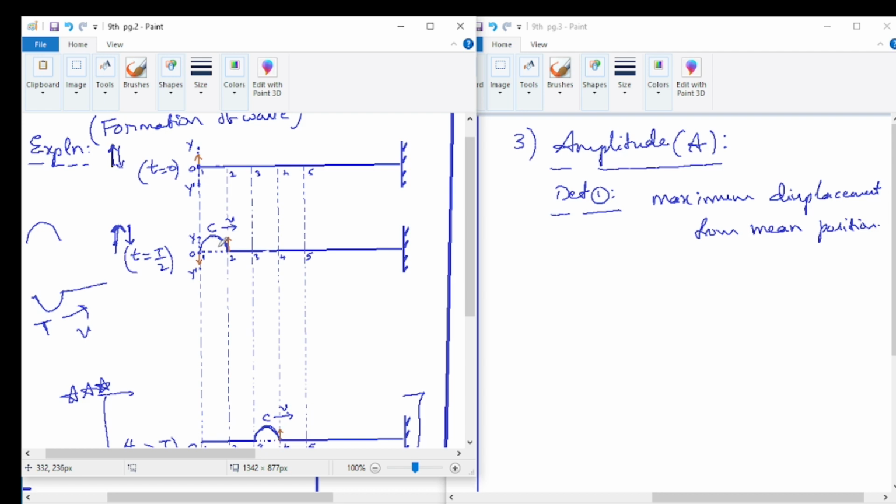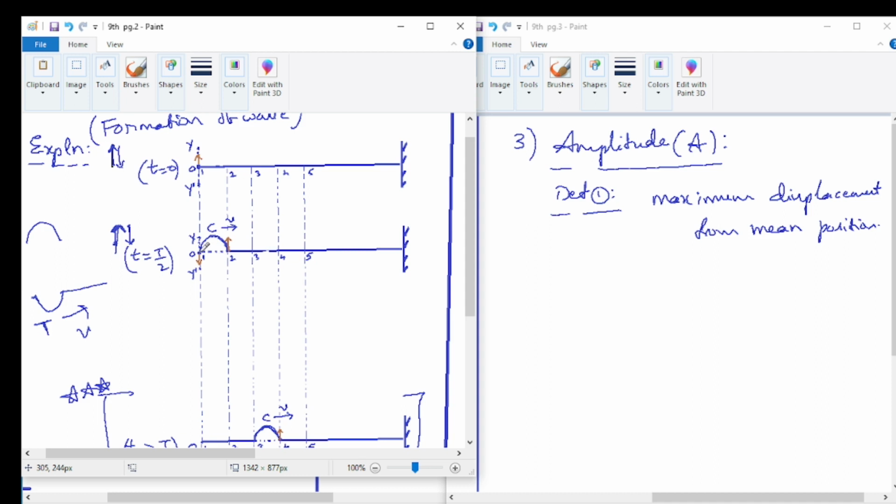Even for the vibrating particles during wave motion in a medium, here what is the medium through which the wave is passing? The string or the rope is the medium through which the wave is passing. All particles have their own amplitude. From the law of conservation of energy, because total energy remains constant, whichever form of energy it is, all of them will have the same energy.